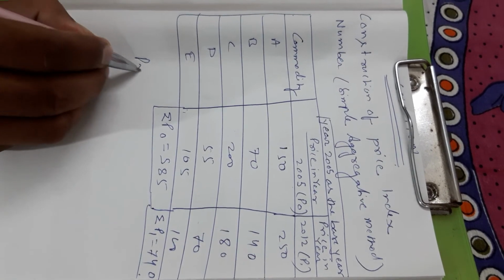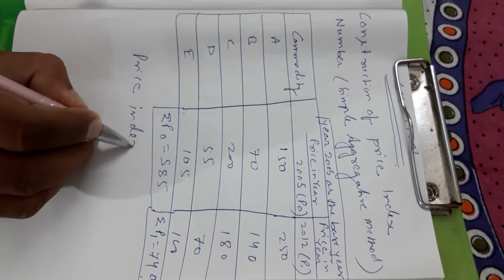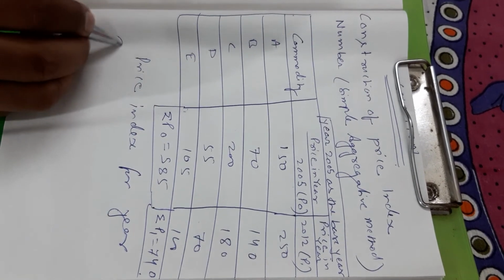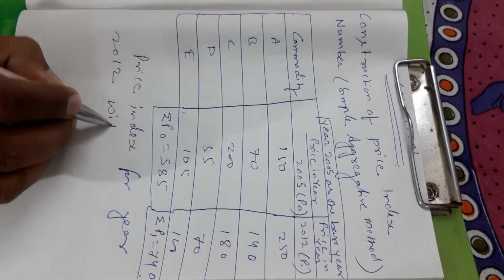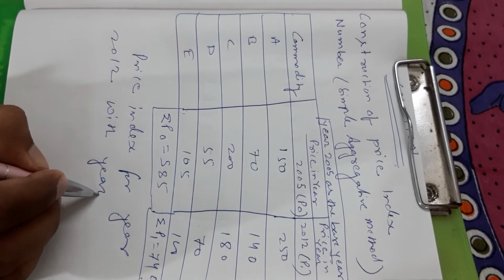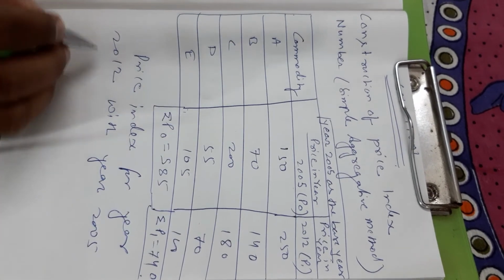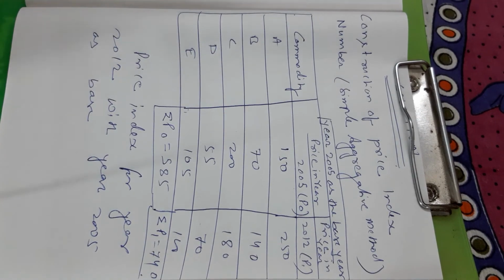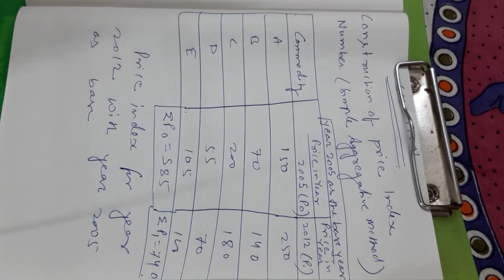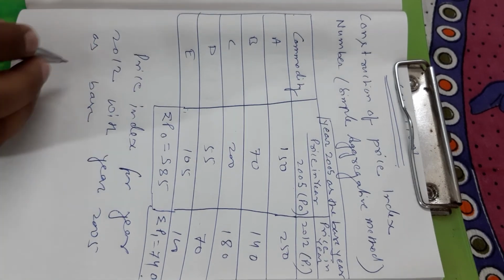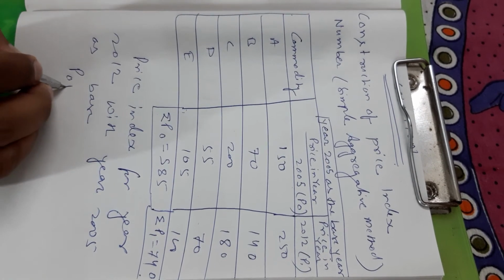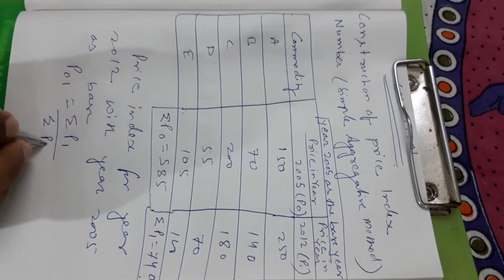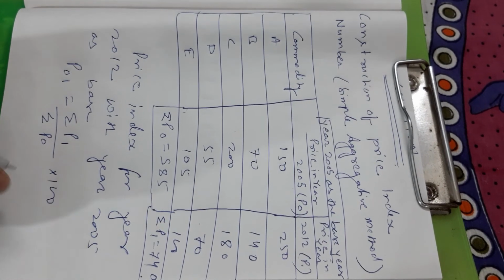Now the price index for year 2012 with year 2005 as base year. P01 is equal to summation P1 by summation P0 into 100.